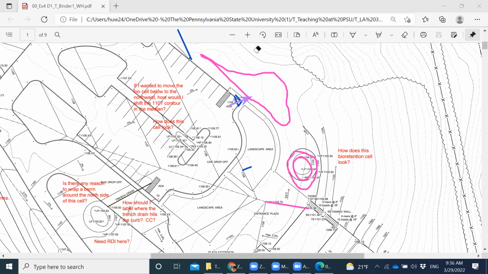Yeah, this one just needs to make sure that we cover the portion of 106 over here. Okay. And this one does need an RDI because that's the end of the cell. The last thing we want to make sure is that your swale goes into there. Okay.